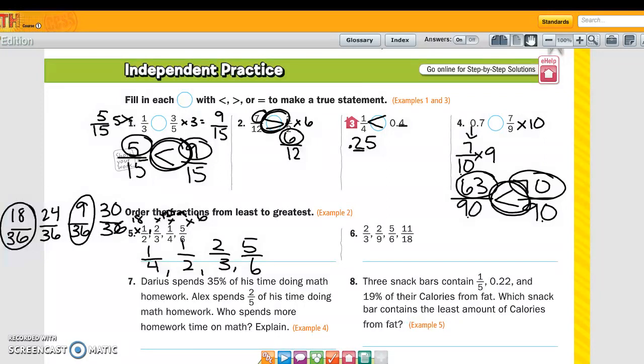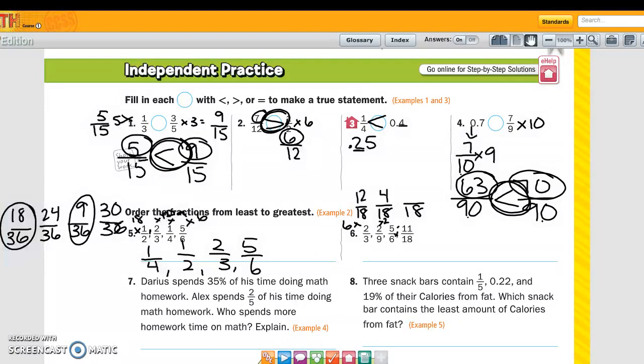Number 6, we can make all of those into 18. So we just need to change the first 3 to have 18 on the bottom. 3 times 6 is 18, so we're going to multiply this first one by 6, so we get 12. 9 times 2 is 18, so we're going to be multiplying by 2. 2 times 2 is 4.